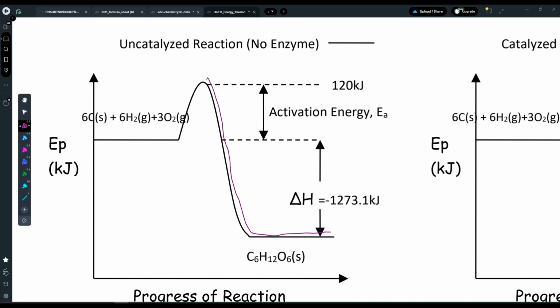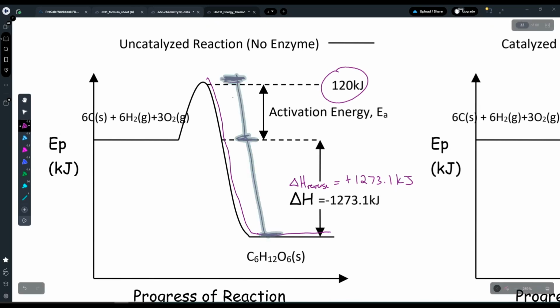To get the activation energy for the reverse, we take the change in enthalpy for the reverse, which is positive 1273.1 kilojoules, and then we add another 120, because the positive 1273.1 only gets us from our products up to here, and in order to get to the top of the hill we need to add another 120.